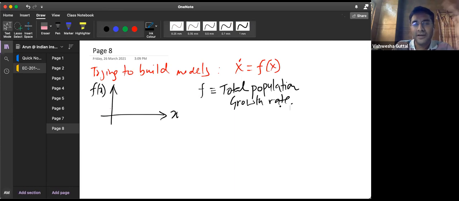And now, let's say we were doing intra-specific competition, right? If that was the dominant interaction in the population, we wanted to do a model of how total population growth rate will look if intra-specific competition is the dominant force.